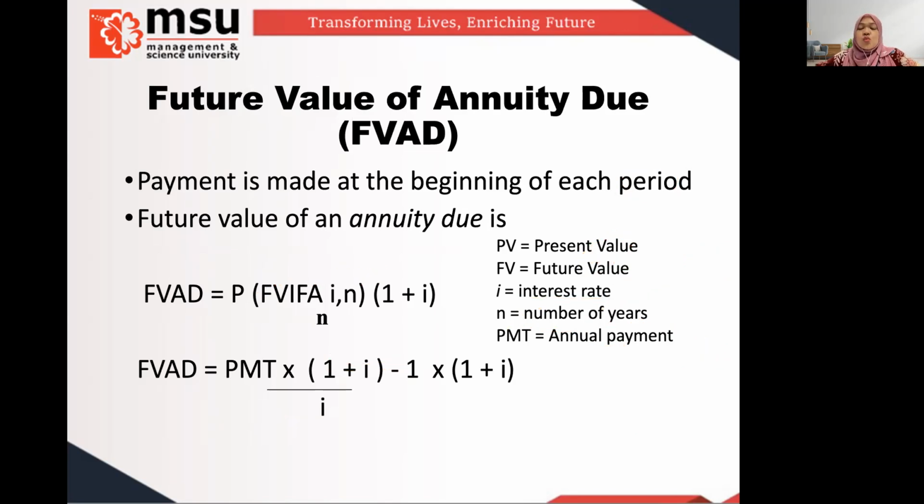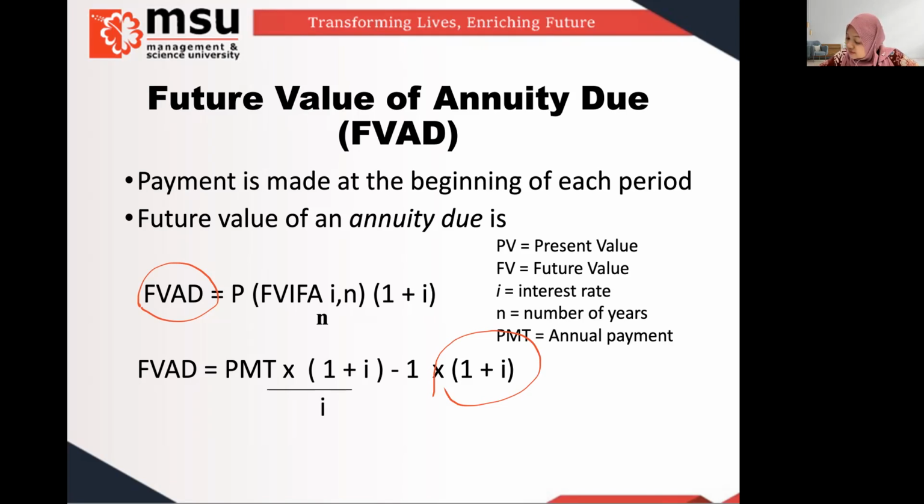So now, what if the payment happens at the beginning of each year? So we have to use future value annuity due, which is FVAD. So the only part that is different is the additional multiplication of 1 plus i at the end of the formula.